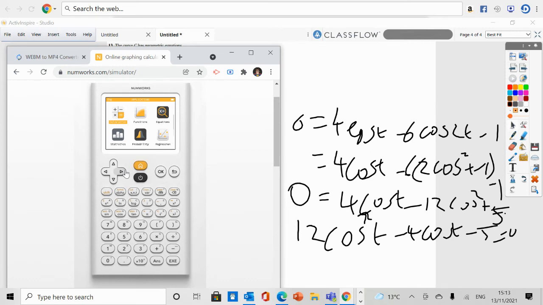So on the NumWorks calculator, to solve this, you're going to need to go to equations. In fact, if we go to calculation and we put it in as we see it, so we get 12. Where's the button go? I've lost the button. Lovely. That's the x. 12x, that should be a power of 2. Minus 4x.